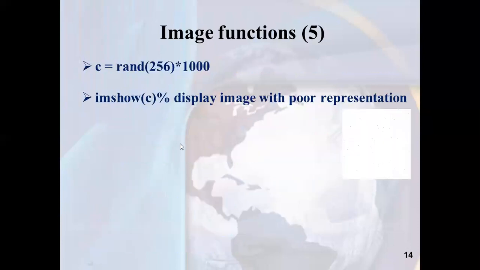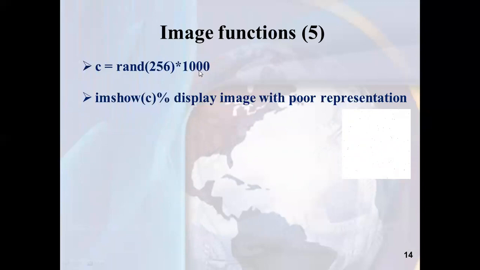Okay, let's take an example. Let's take C equal rand 256 times 1000. So the function rand generates a number between 0 and 1, exclusively. It means we can have 0, but can't have 1, because 0.0000 is considered as 0, and 0.9999 is the largest.